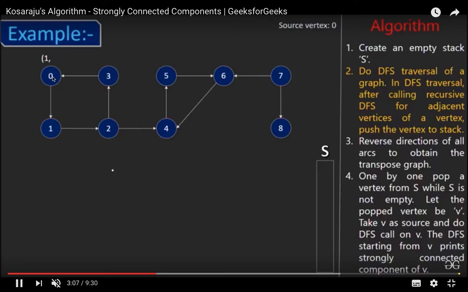So we go to 0, we see the direction, go to 1, see the direction, go to 2, also again see the direction, go to 3. Here we finally visit all, and let's put it in the stack. So we put 3 in our stack, and let's go further.